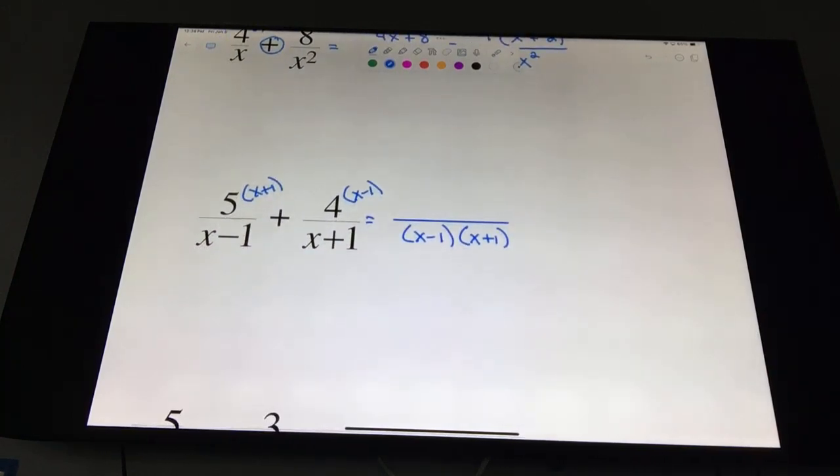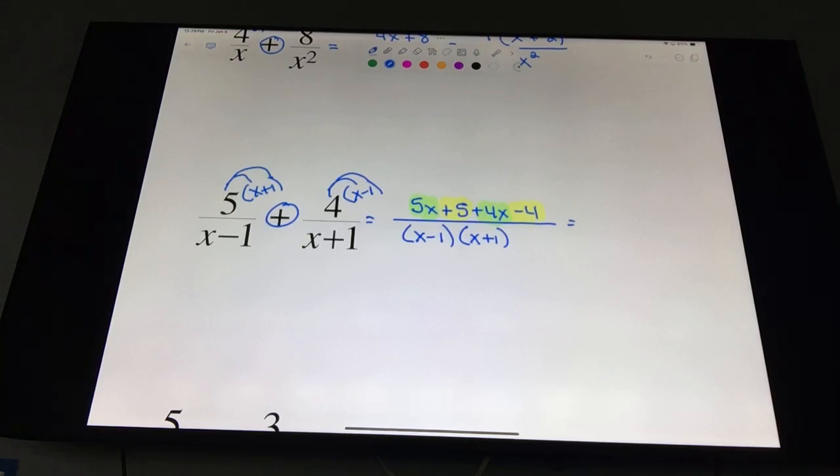So then I multiply through. 5 times x, 5 times 1, plus 4 times x, 4 times minus 1. And then in order, again, the order is important, add. So those can be added together, and those can be added together.